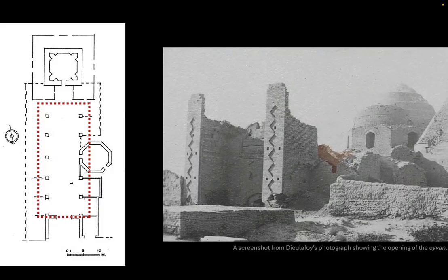However, a closer look at Dieulafoy's photograph suggests something different. Rather than a single uninterrupted corridor, we see an opening of an eyvan in front of the dome chamber. This opening is visible as a dark zone partially obscured by the portal.